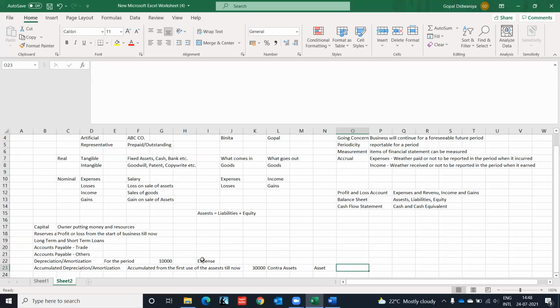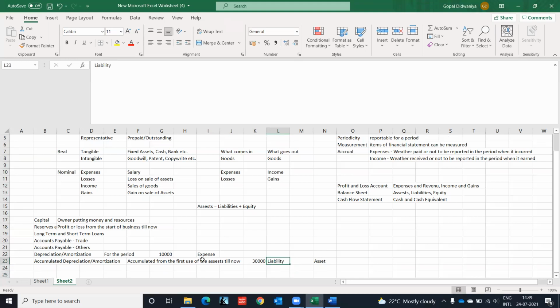A contra asset is the reverse of that. That means you have taken out some value of this. Instead of contra asset, let me tell you, this is a liability, for which there is no economic benefit, but you are paying for it. Can I give one example?